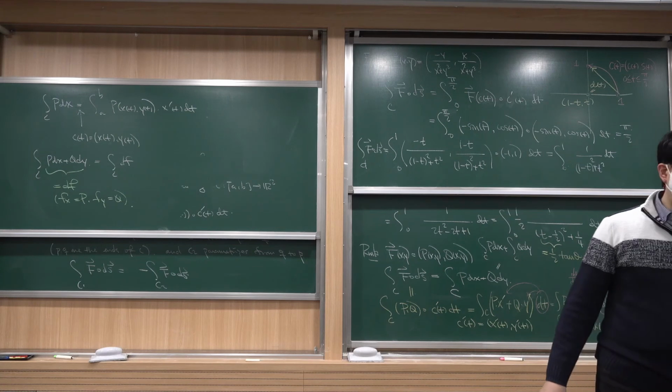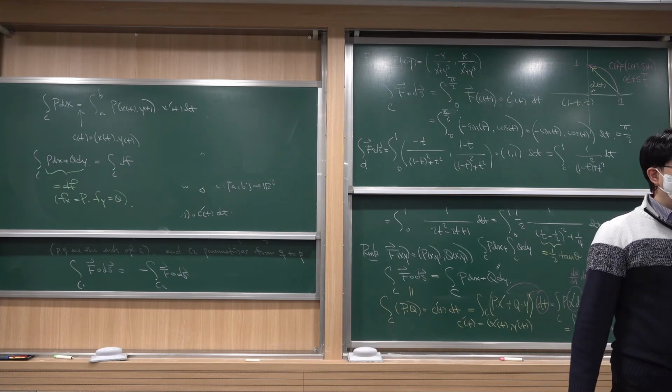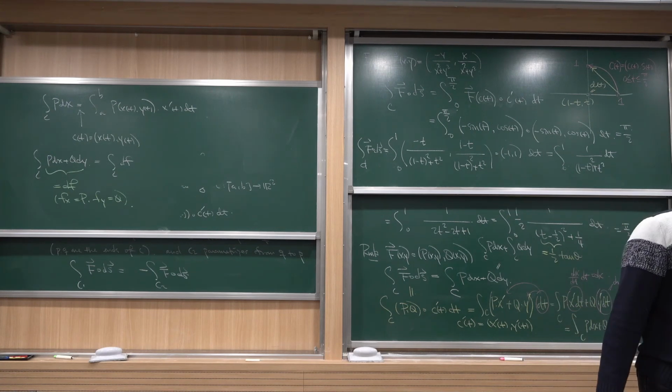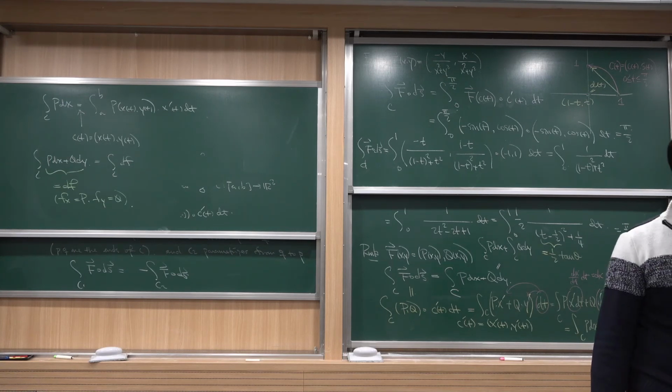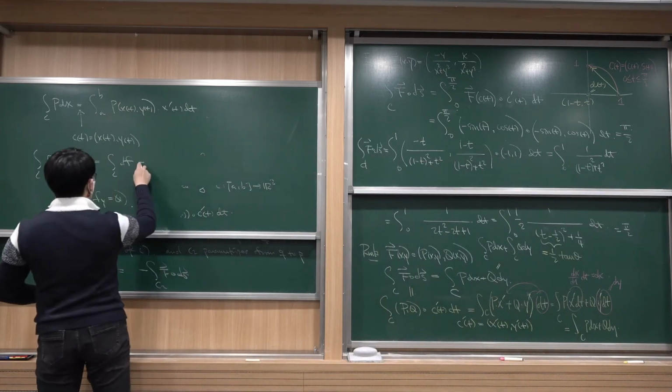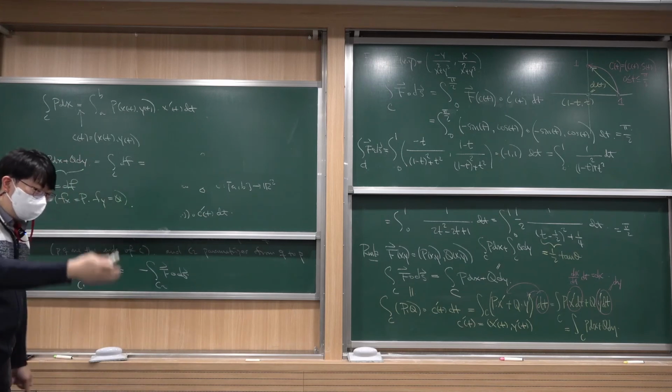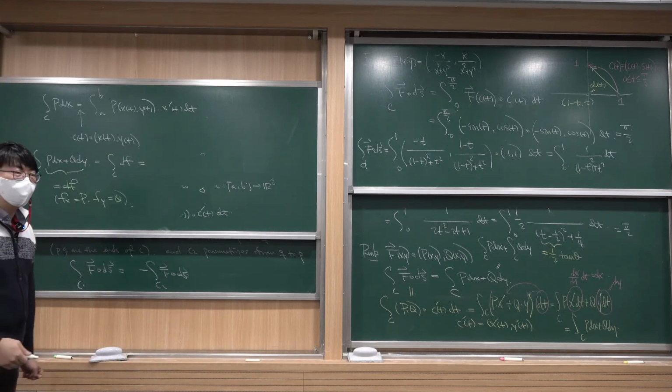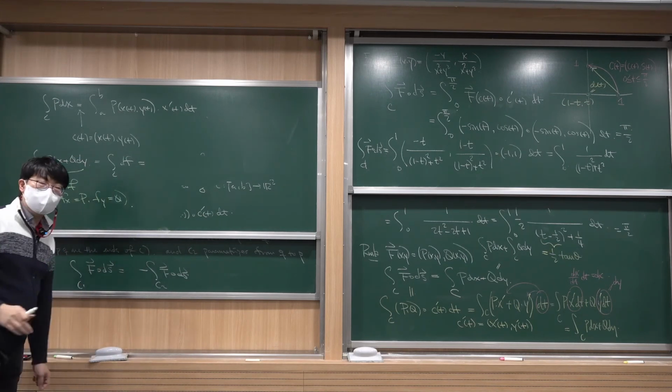That means we don't care about where we are. We only care about the increment or decrement of f at each point, measuring those and then adding them all. That means I only care about the end value of f and the starting value of f along this curve.